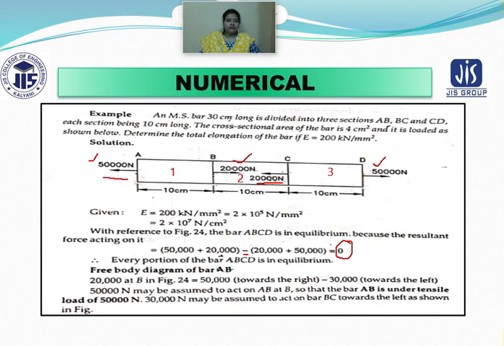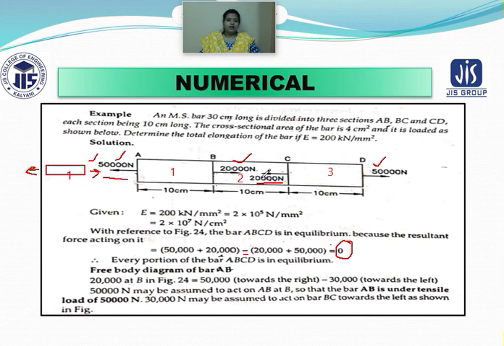If you separate this, this is your bar 1, and 50,000 is tensile on both sides. So 50,000 is a tensile load.